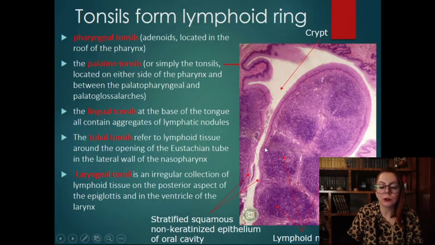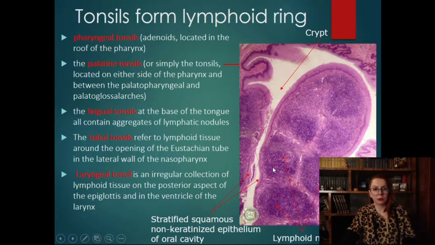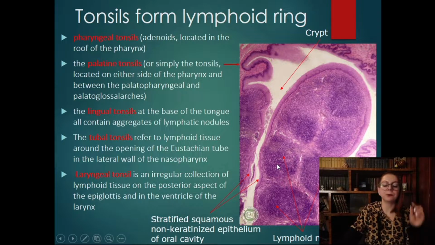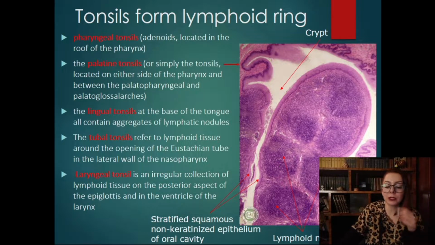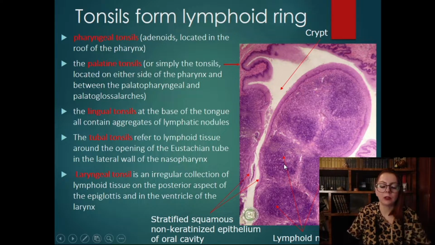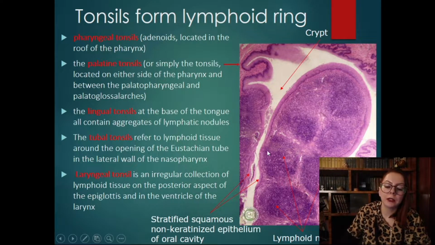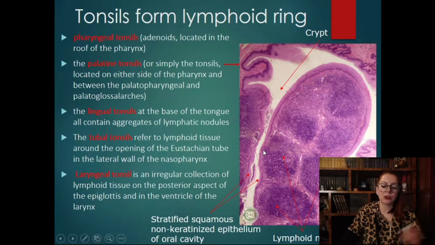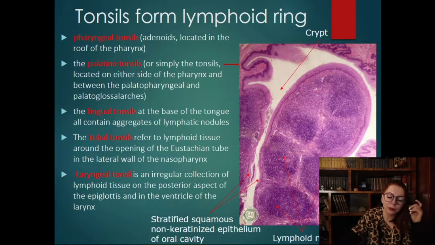Notice that in this region, just under the epithelium, lymphoid follicles or nodules are located with B cells inside. These follicles contain B cells undergoing affinity maturation, and they always interact with lymphocytes, which infiltrate the epithelium.